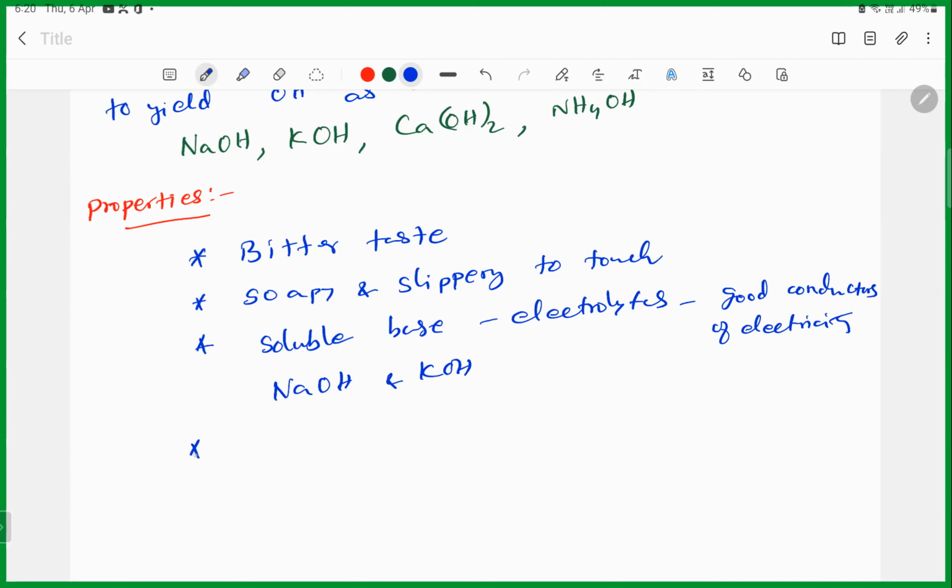And corrosive action. Yes, bases also have a corrosive nature. Strong alkalis like sodium hydroxide and potassium hydroxide are highly corrosive or caustic in nature. Sodium hydroxide and potassium hydroxide are called caustic soda and caustic potash.